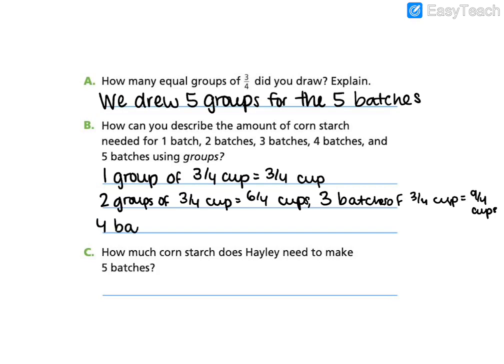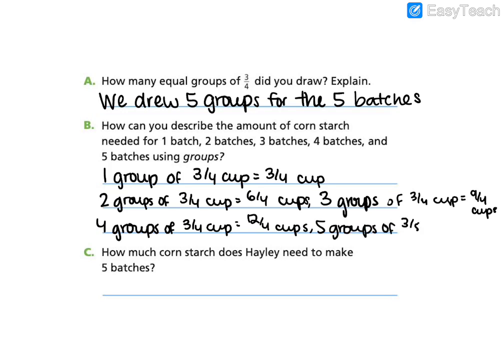Then 4 batches, or 4 groups of 3/4 of a cup, is equal to 12/4 of a cup. And finally, 5 groups of 3/4 of a cup is equal to 15/4 of a cup.